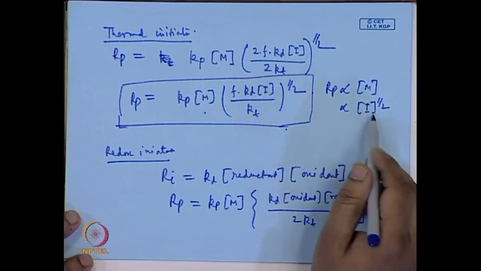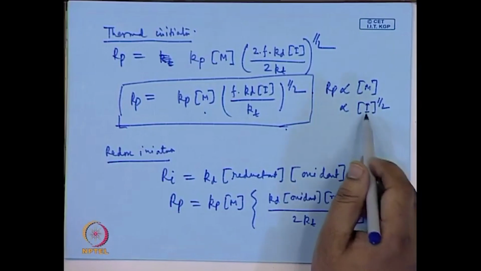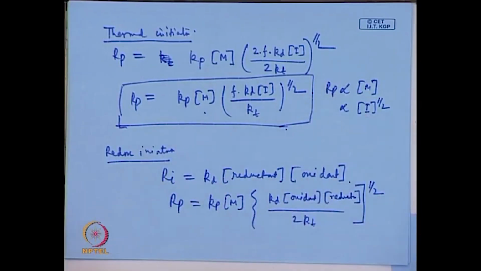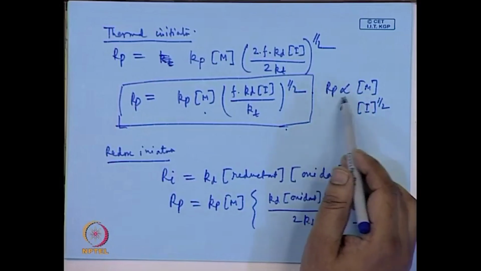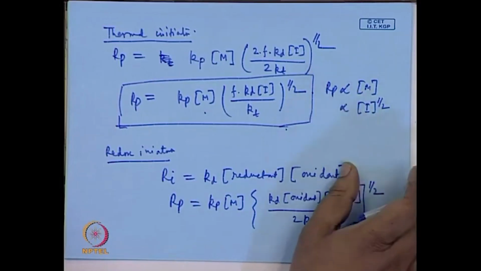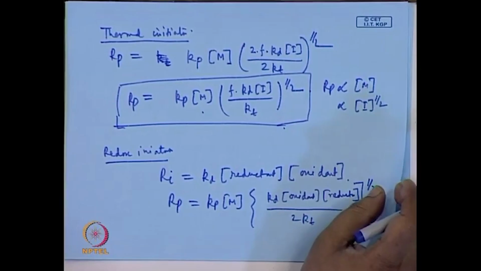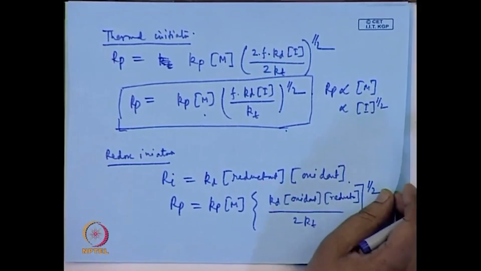So, if you increase the initiator concentration during a radical polymerization, the rate will increase, but proportional to the square root of the initiator concentration, and if you increase the monomer concentration, the rate of polymerization will increase directly proportionally.